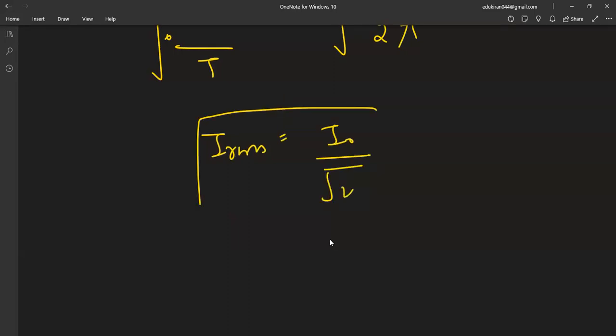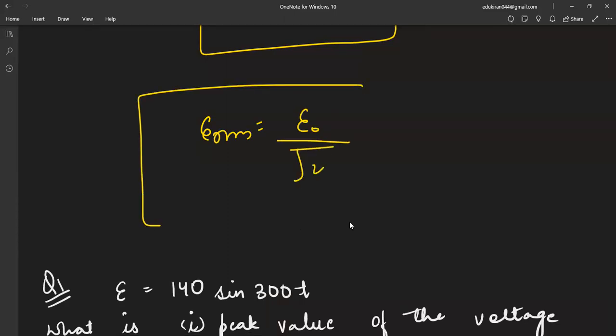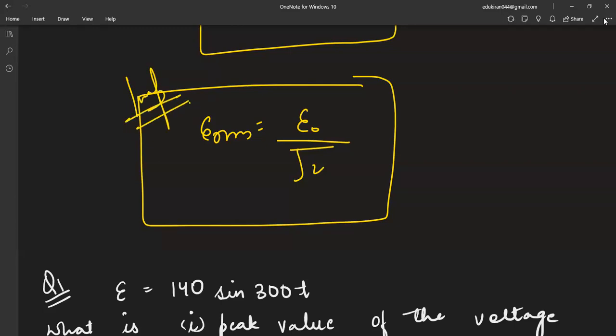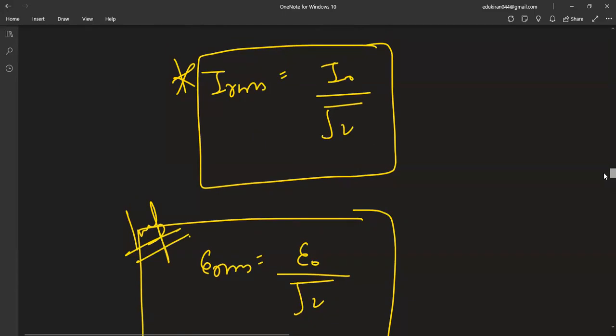This is a very, very important formula which you have to remember. Similar to this, you have to remember ERMS. ERMS is E naught divided by root 2. This is also very important. These formulas are very important for your examination and for the numericals.